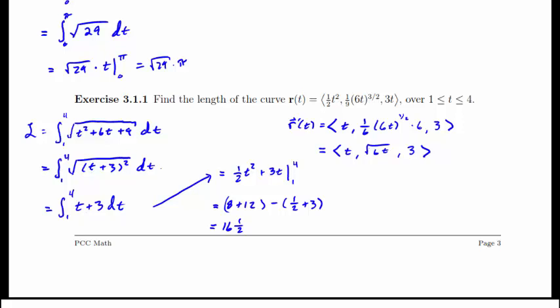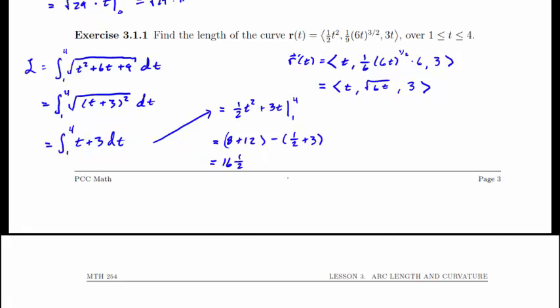The square root and the square cancel, and we get the integral from 1 to 4 of t plus 3 dt. Go ahead and take the antiderivative and evaluate. We get 1/2 t squared plus 3t evaluated from 1 to 4. Plug in the 4 and the 1 respectively. We get the quantity 8 plus 12 minus the quantity 1/2 plus 3, which equals 16 1/2.